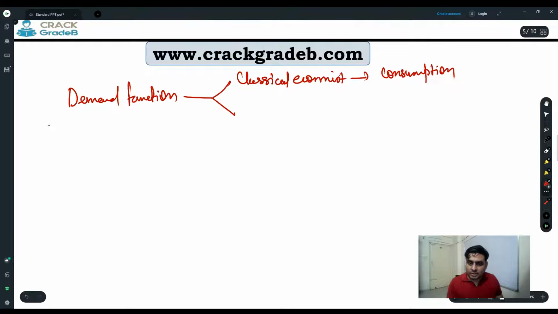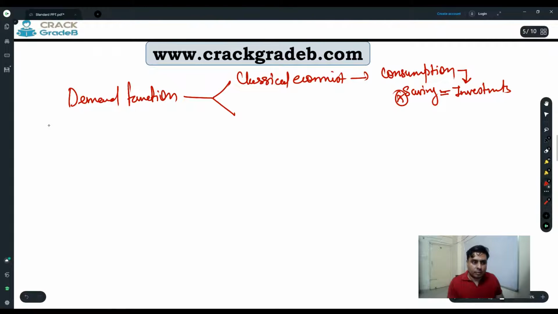Why? Because they feel that apart from consumption, there is savings, and savings is automatically equal to investment. This is their assumption. But Keynes contradicted this.